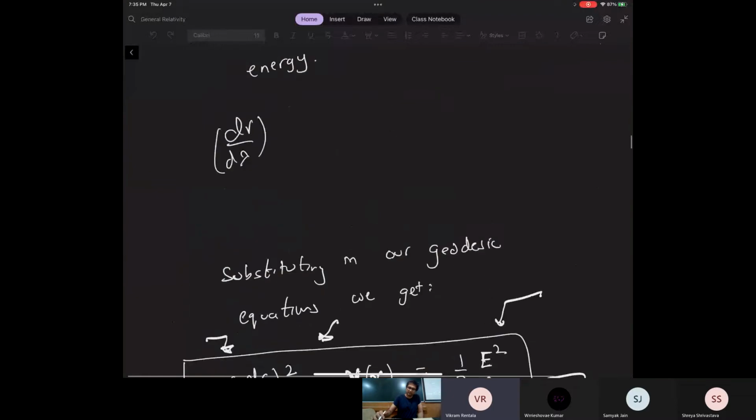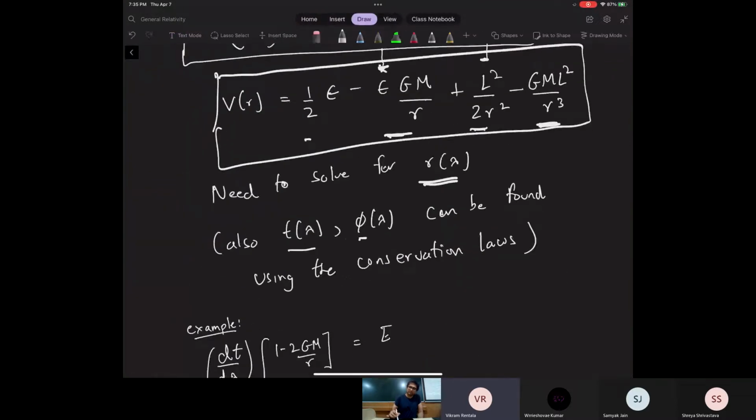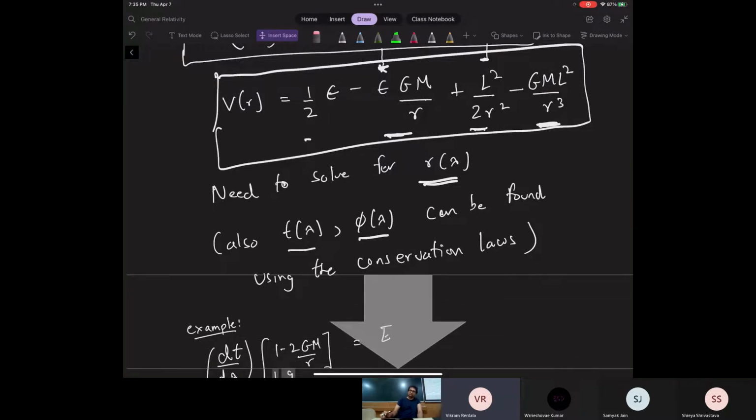In principle, I also have to solve for t of lambda and phi of lambda, but I can do that quite easily once I find r as a function of lambda.